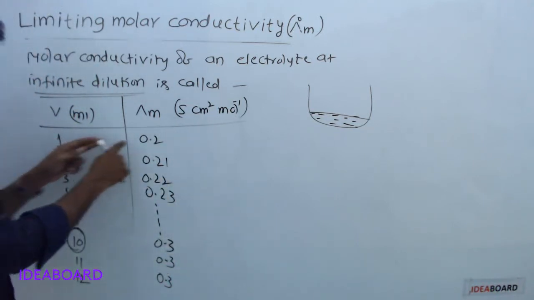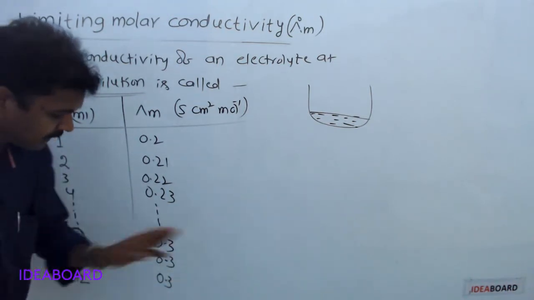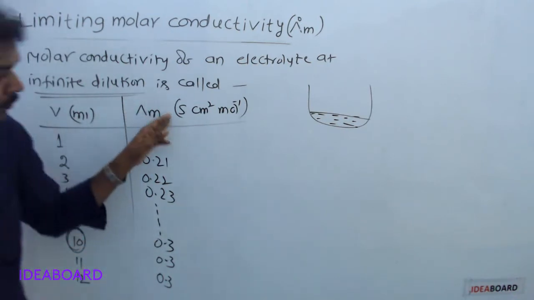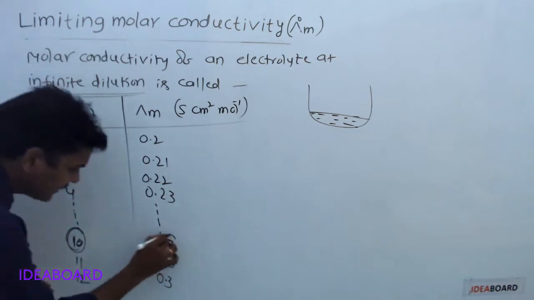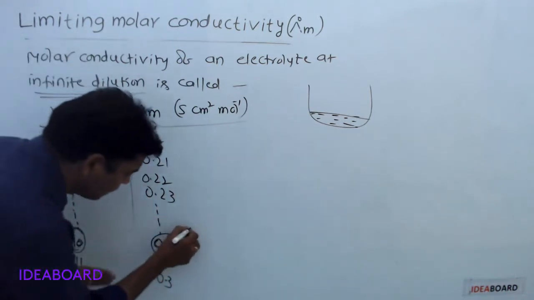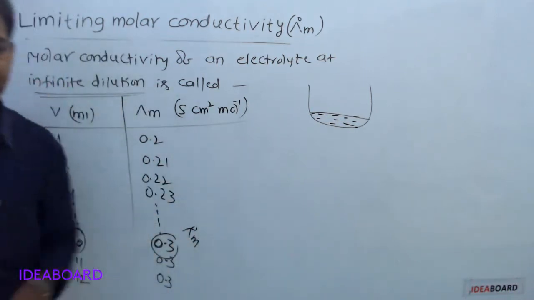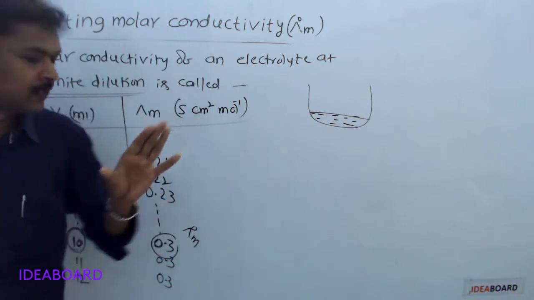Up to this volume, molar conductivity increases. For 1 milliliter it is 0.2, for 10 milliliters 0.3, and on further dilution there is no further increase in molar conductivity. After reaching this volume, it remains constant. So this molar conductivity is called limiting molar conductivity. Here an infinite amount of solvent is not added.